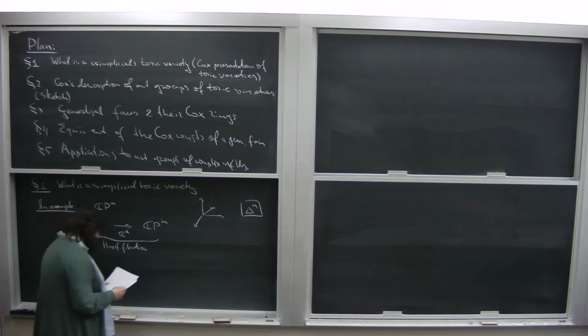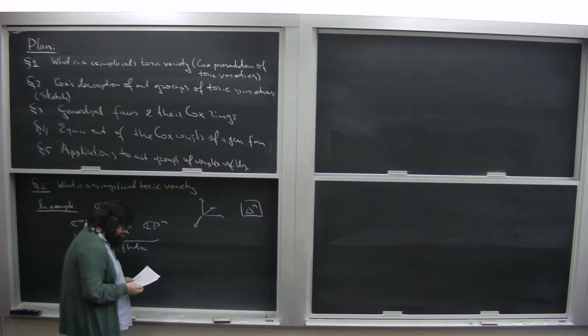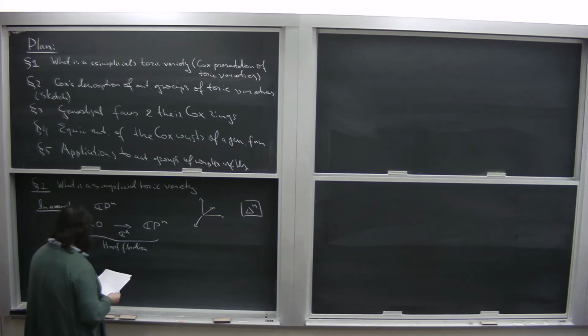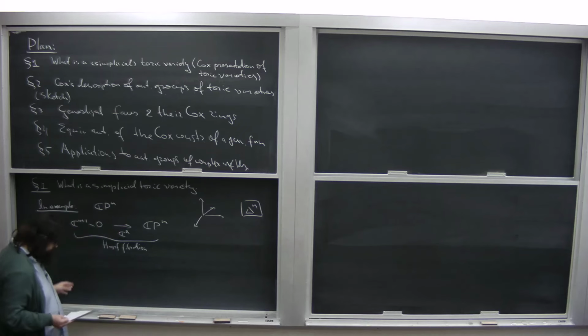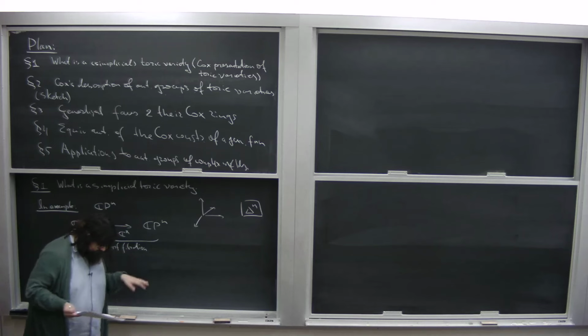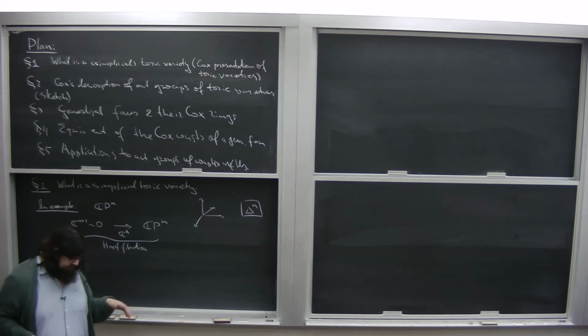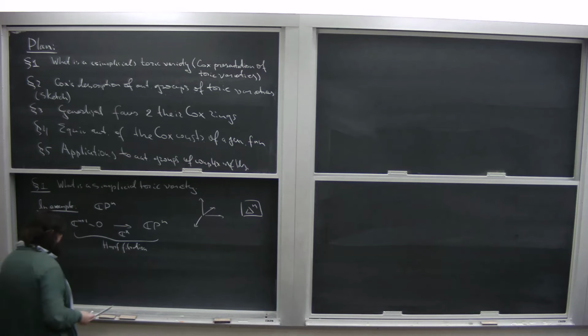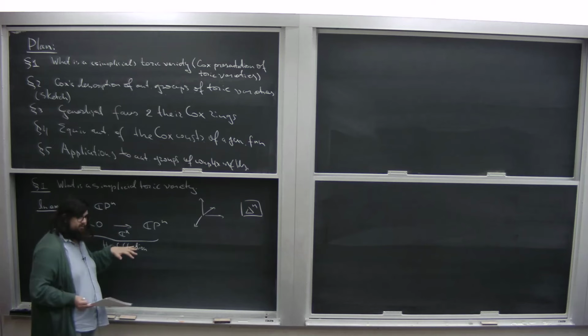So let's look at this picture. Let's ask ourselves, can we generalize it? We want a family of examples that are exactly like CP^n, but different.